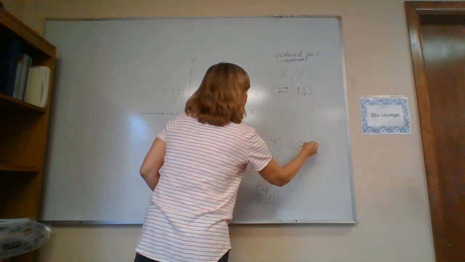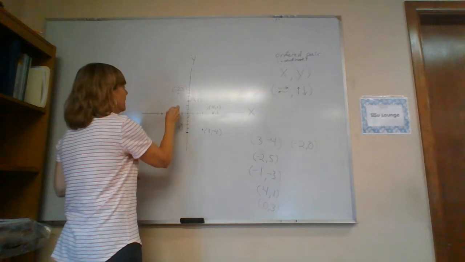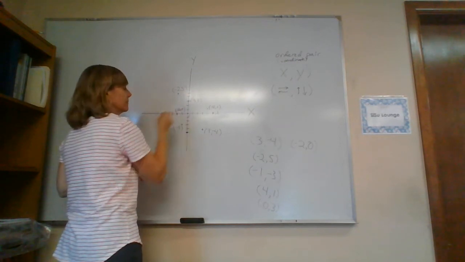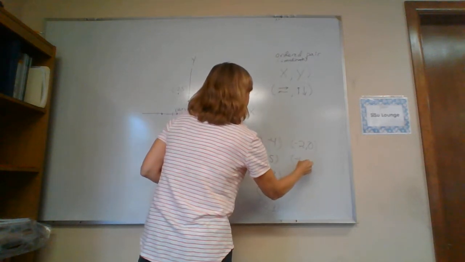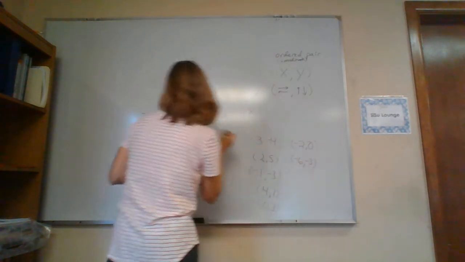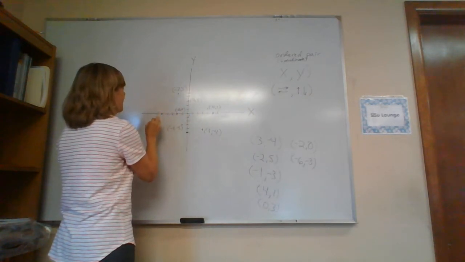Negative 2, 0. Negative 2, but then no movement up or down because it's 0. Negative 6, negative 3. Count 1, 2, 3, 4, 5, negative 6, then negative 1, negative 2, negative 3.